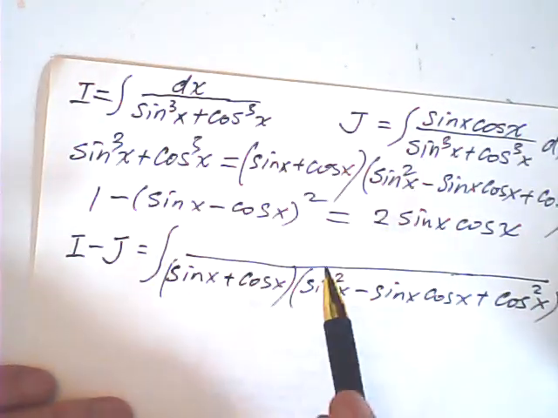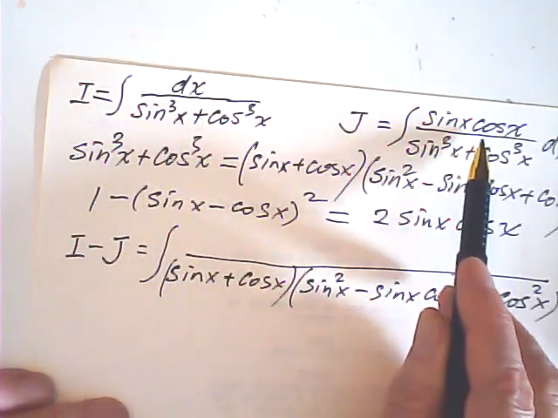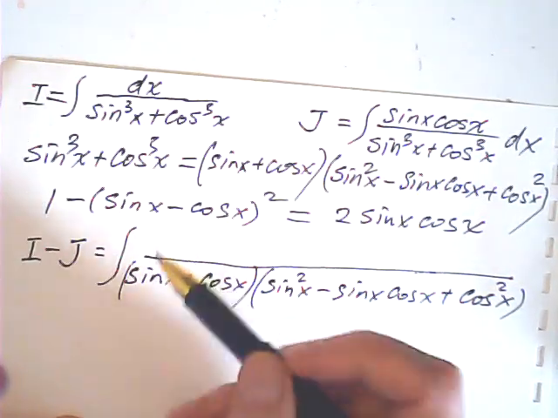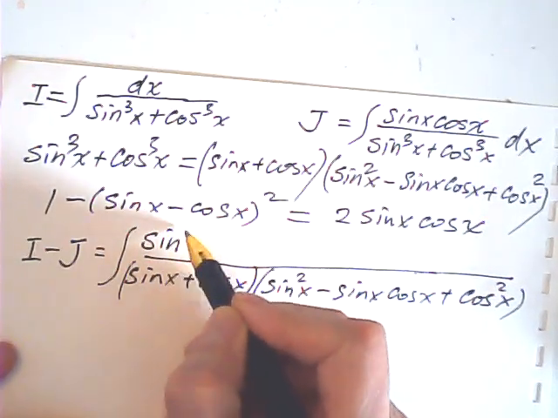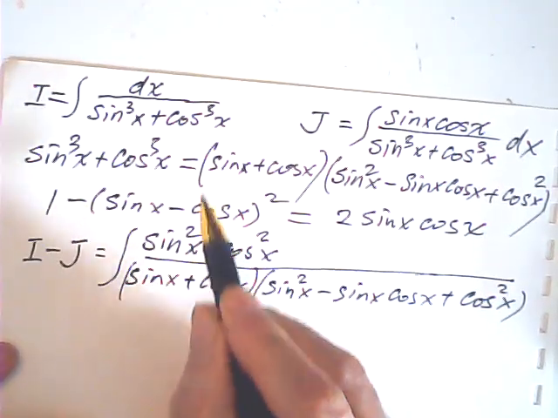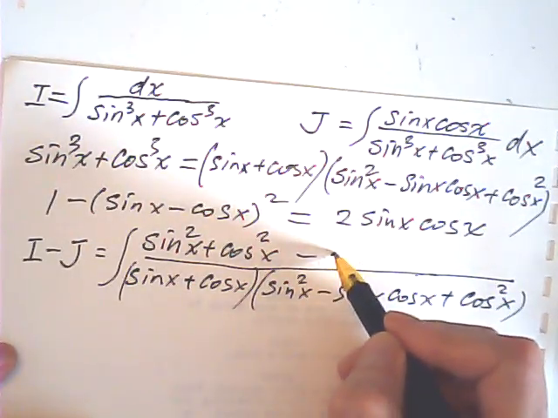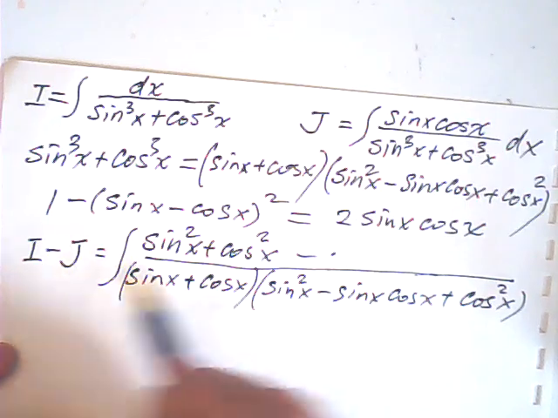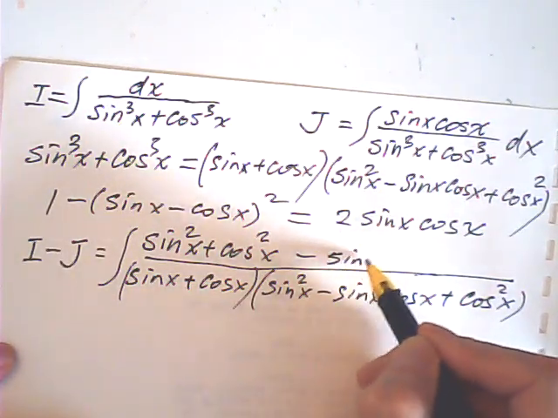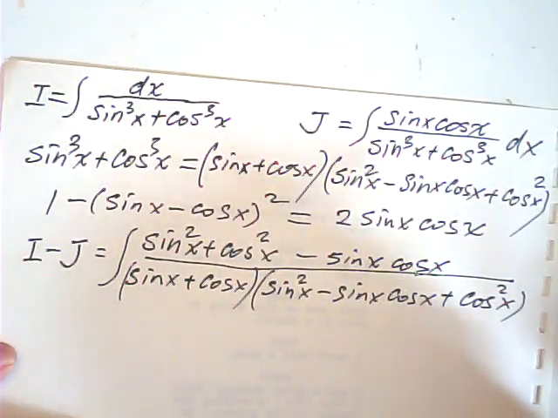The numerator will be this minus that, right? 1 is what? 1 is sine square plus cosine square. That's 1. Minus sine x cosine x, right? That is this one.